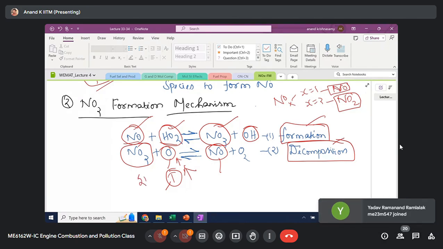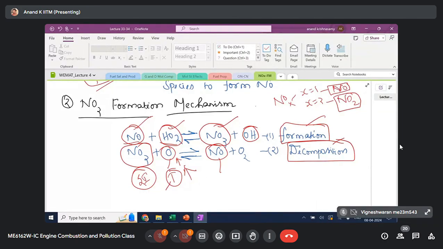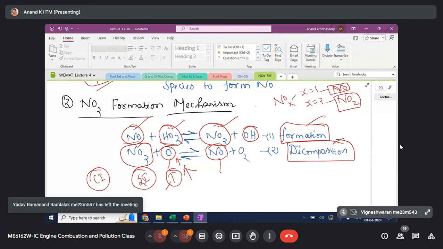In a spark ignited engine, the operating temperatures are high, when I say high, it is high compared to a diesel engine. So here I am comparing the operating temperatures of SI and CI. For example, for the same power rating, operating temperature will be less for a CI engine and operating temperature for an SI engine will be high. We already discussed this. What is the reason for this?